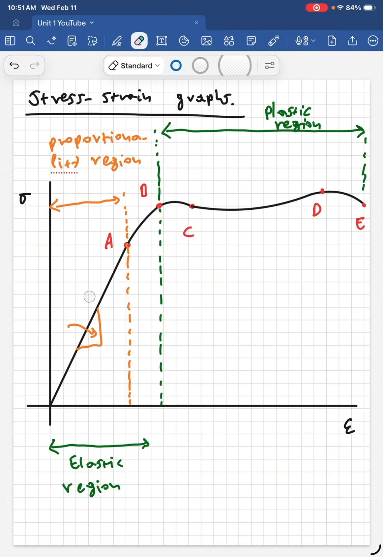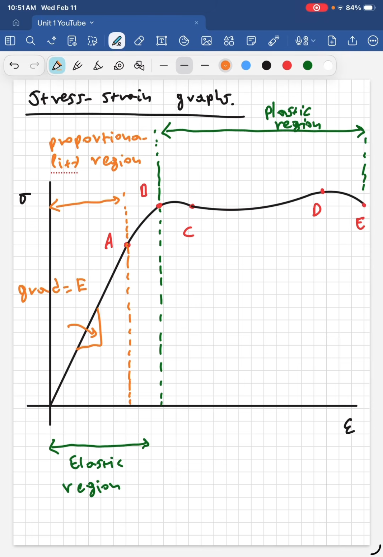The gradient is equal to the Young's modulus because remember that sigma is epsilon times the Young's modulus. But this only applies in the linear region where we have elastic behavior. I'm gonna just explain the points below, otherwise it's gonna become too crowded.